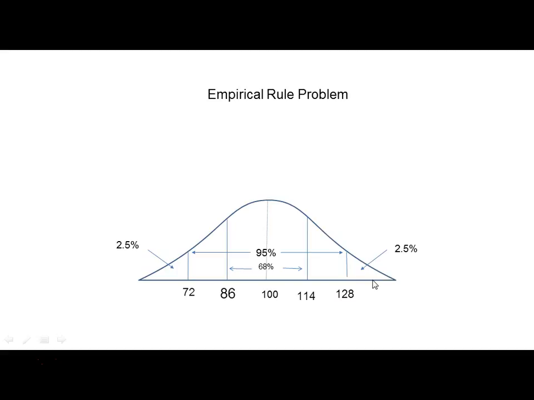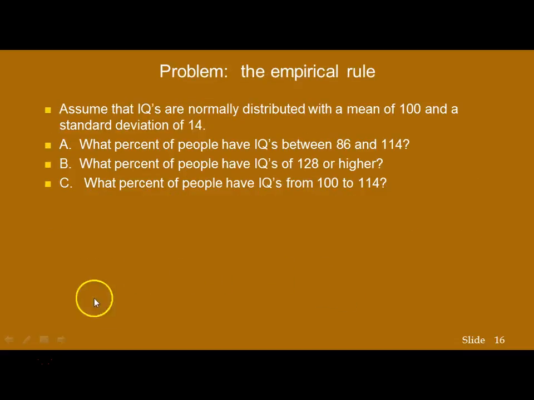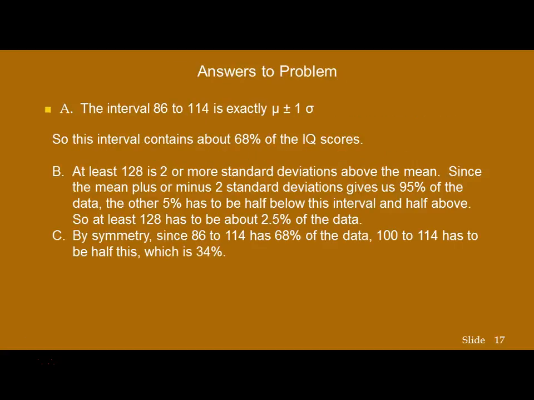And the last part of the problem, I believe, simply asked you for the interval from 100 to 114. Yes, from 100 to 114. And that one should be pretty easy because it's just going to be half of the interval that we had on part A. Part A was 86 to 114. That's the mean plus or minus 1 standard deviation.